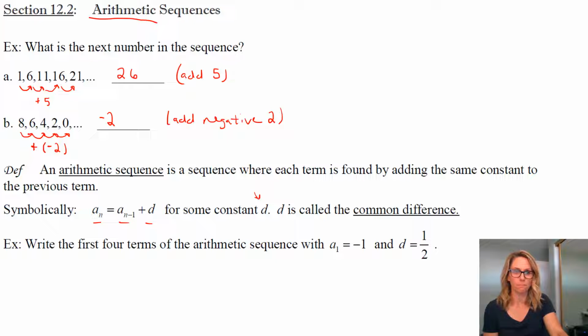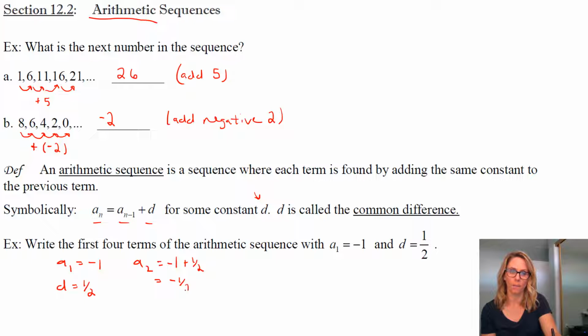So we'll take a look at an example: write the first 4 terms of the arithmetic sequence with a sub 1 equaling -1, d equals 1/2. So we have a sub 1. The next one, a sub 2, the idea is simply taking a sub 1 and adding that common difference. And so a sub 2 becomes -1/2.